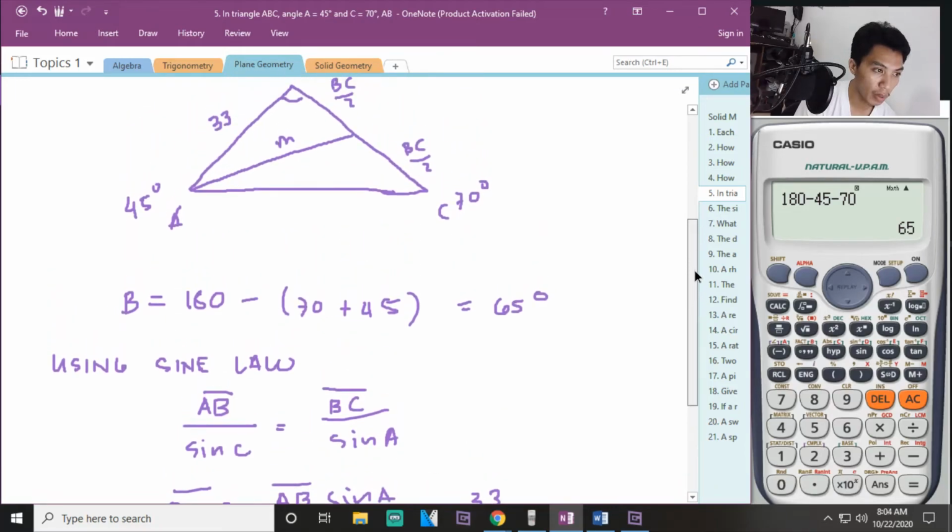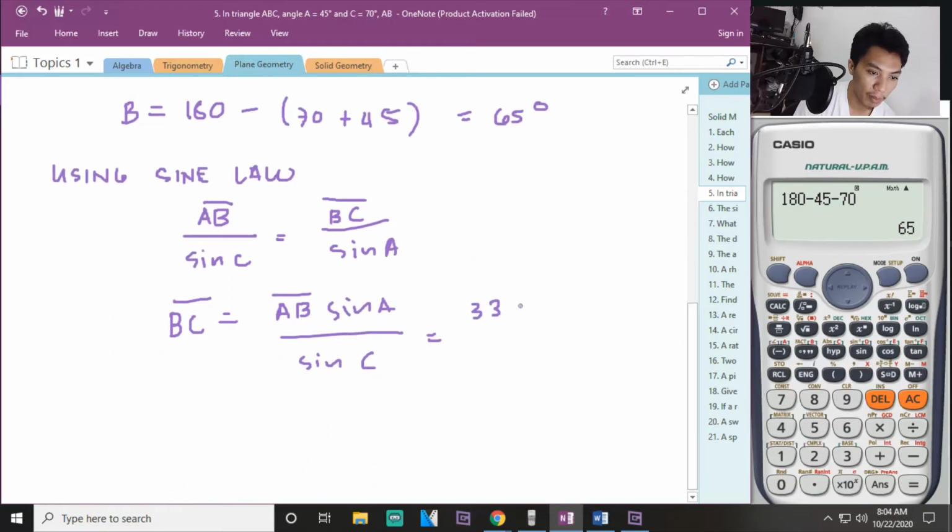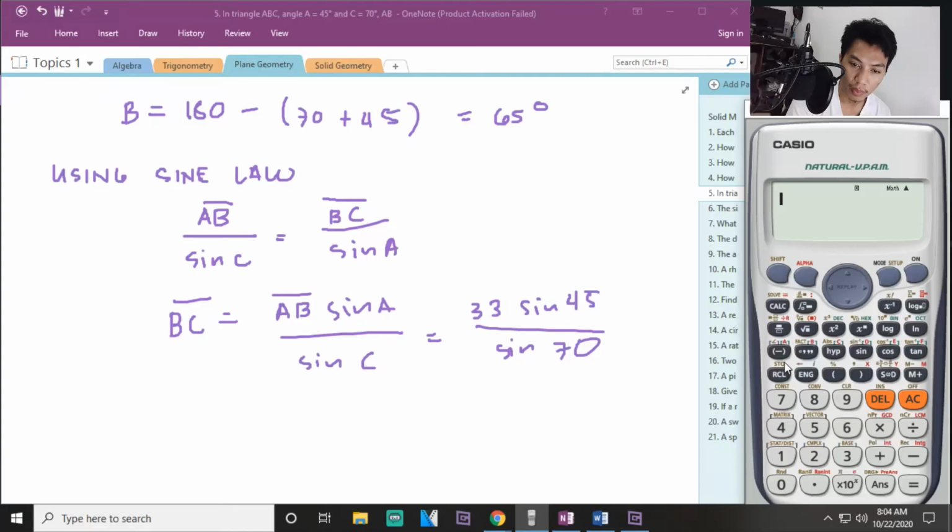Tapos, sine A will be 45 over sine C. Sine C is 70. Right. This will be 33 sine 45 over sine 70. Okay. The answer will be 24.